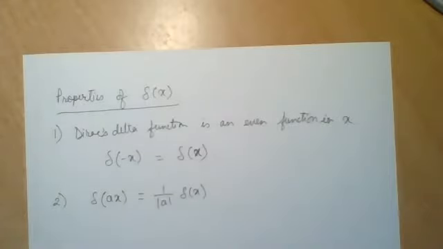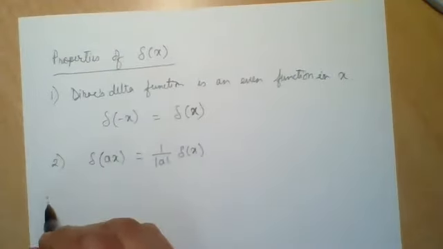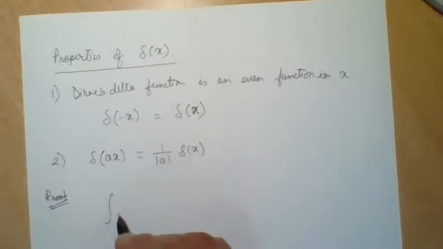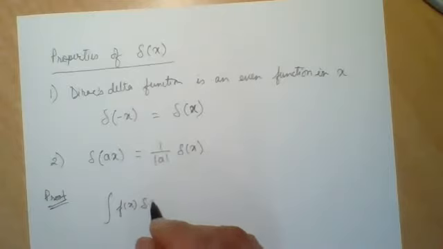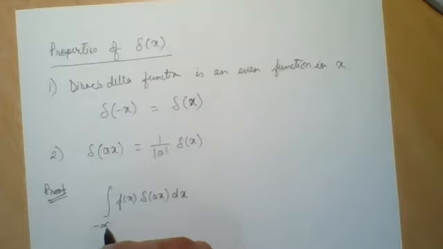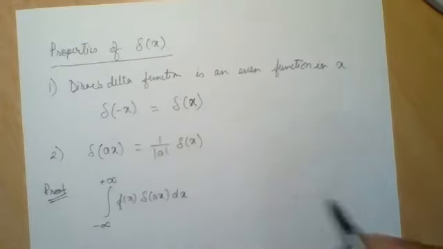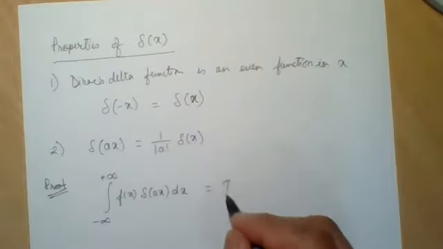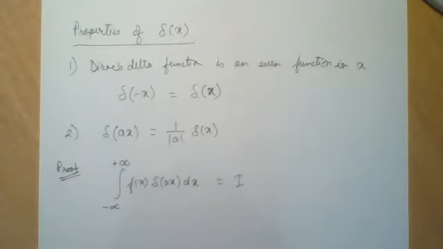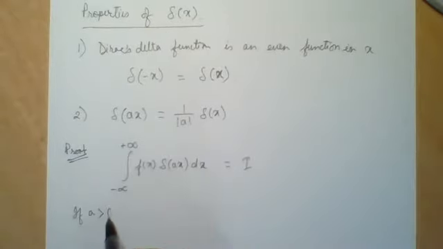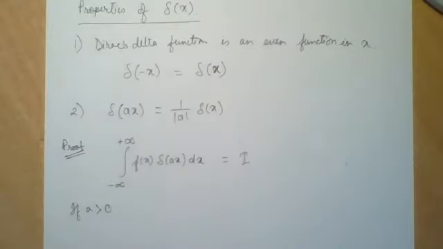To prove this, let us start with the integral of f(x) delta of ax dx from minus infinity to plus infinity. Let us call this integral I. Now let us consider the case where a is greater than 0 first.